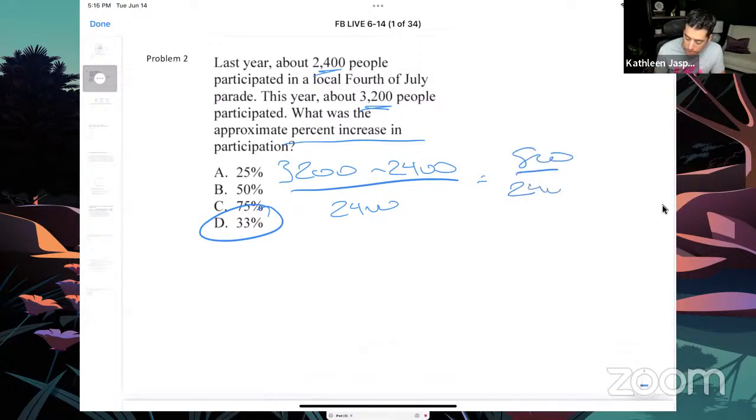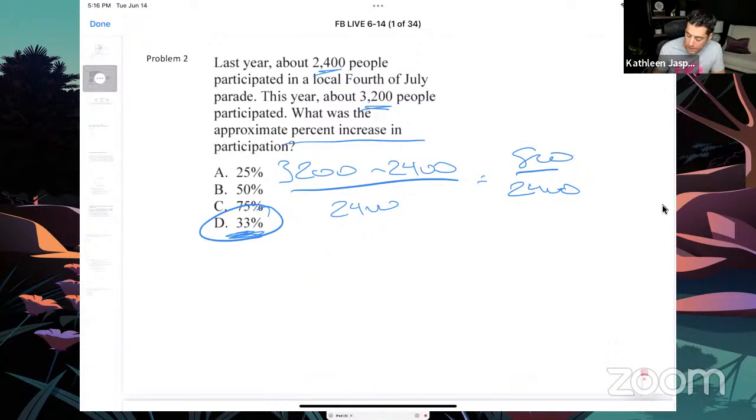800 divided by 2,400 gives us this 0.33. Well, if we're looking for turning a decimal into a percentage, likely you can see 33 here and 33 here. They're not going to have two of the same numbers unless they have 3.3%, but be careful with that. So I've got the 0.33.